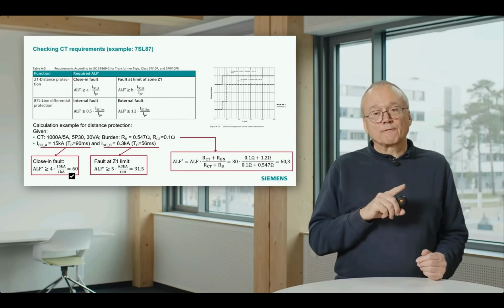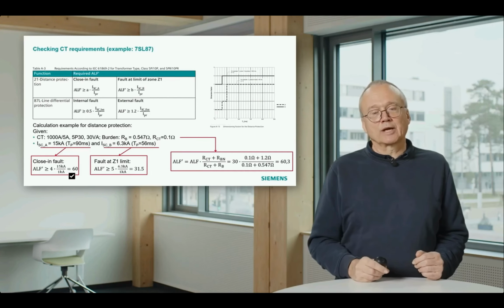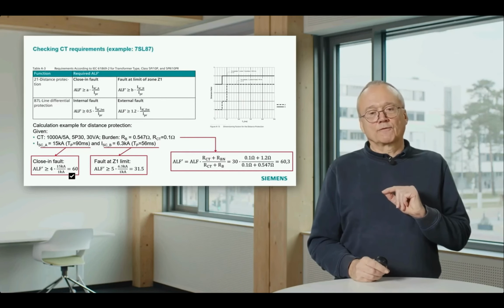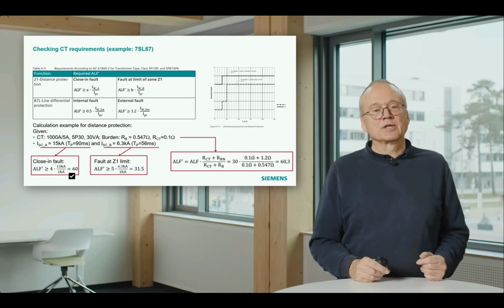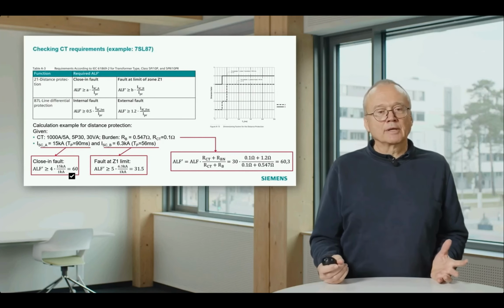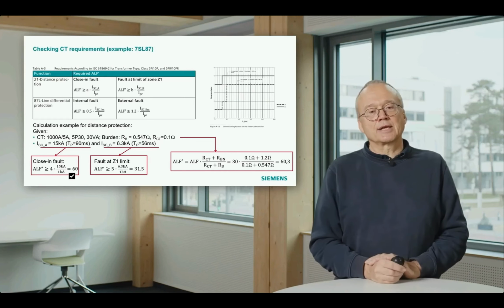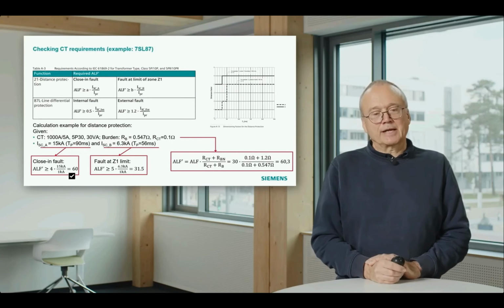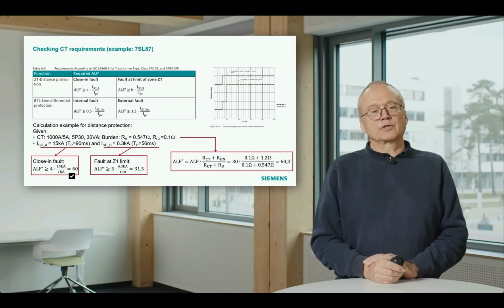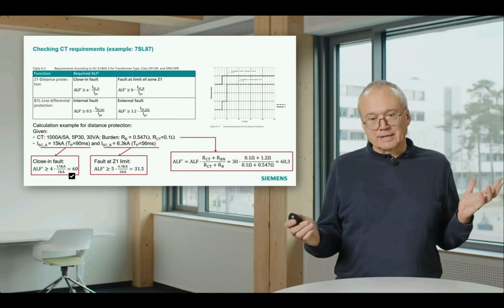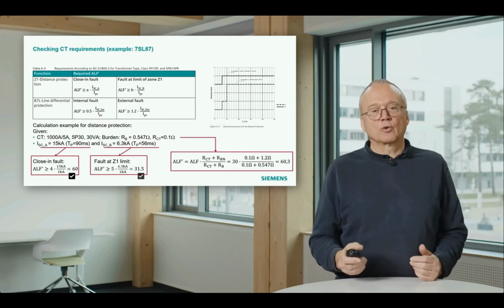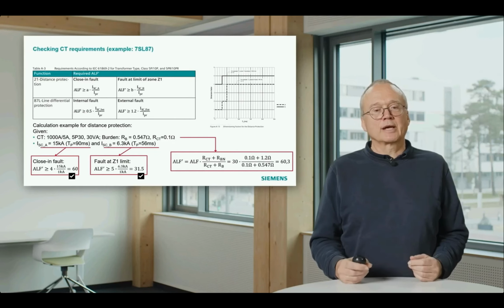And we have to take the factor B from this diagram with the different time constant of 56 milliseconds, and we get a result that the ALF', the operational accuracy limiting factor, should be more than 31.5. It is 60.3, so this requirement is also okay.